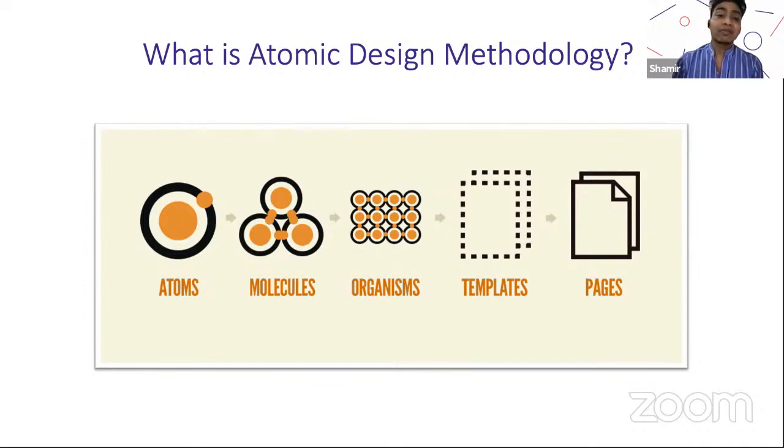Then next we have organisms. Organisms are a relatively advanced state of UI components, combining atoms and molecules together. For example, if you take a website or application, we have the header, right?